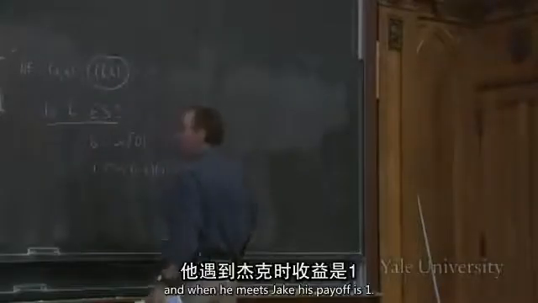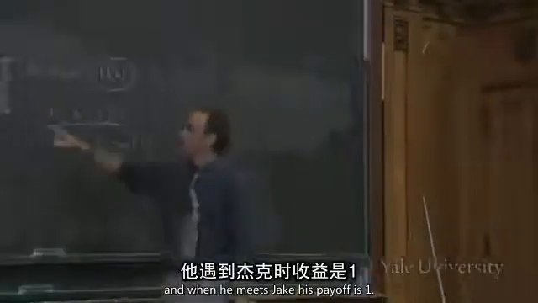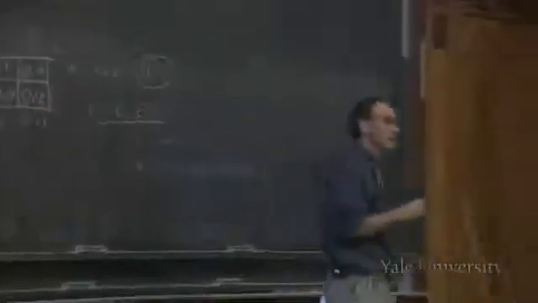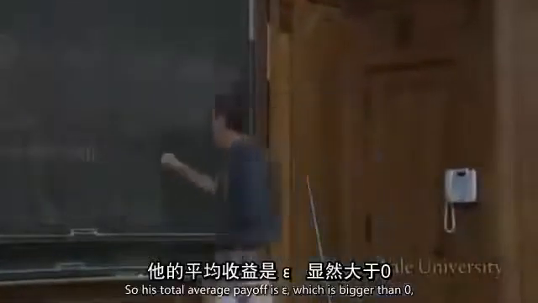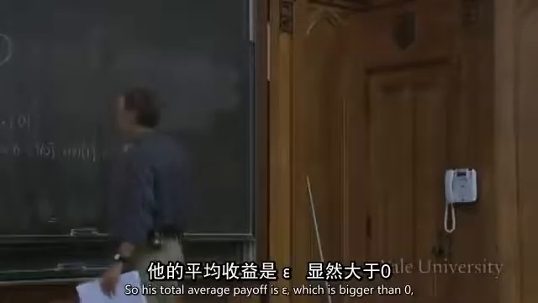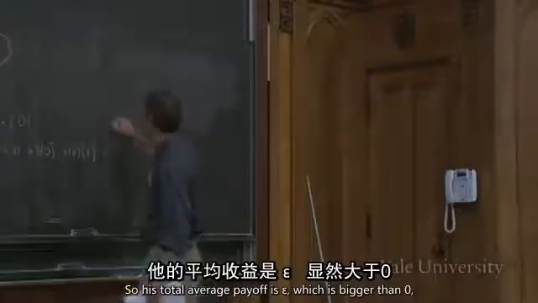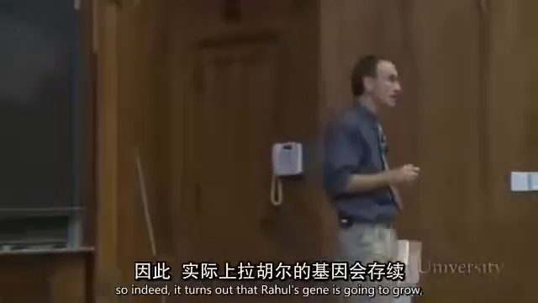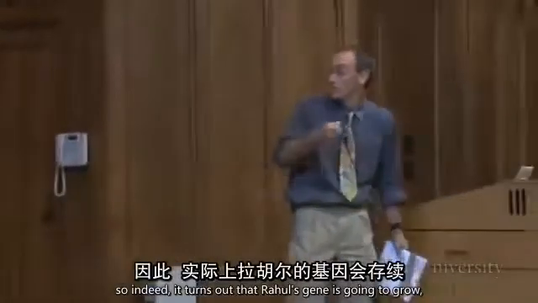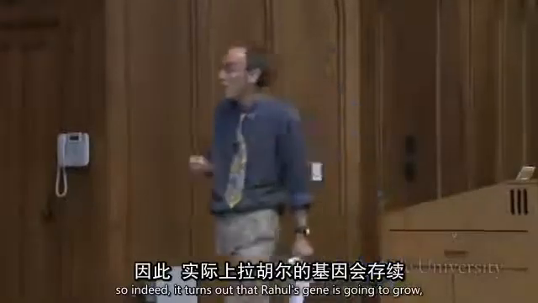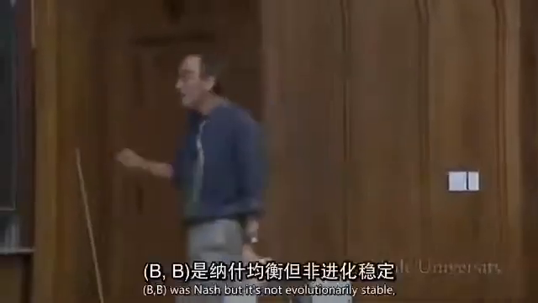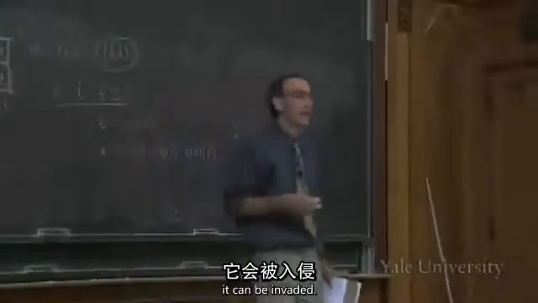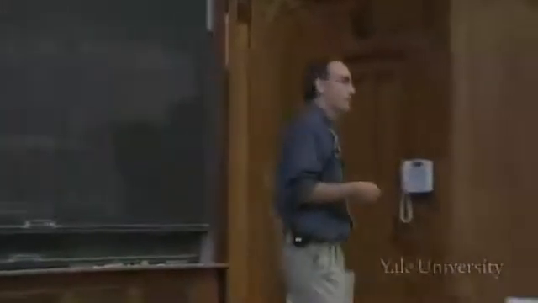And when he meets Jake, his payoff is 1. Is that correct? So his total average payoff is epsilon, which is bigger than 0. So indeed, Rahul's gene is going to grow, the B's are going to shrink. BB was Nash, but it's not evolutionarily stable. It can be invaded.